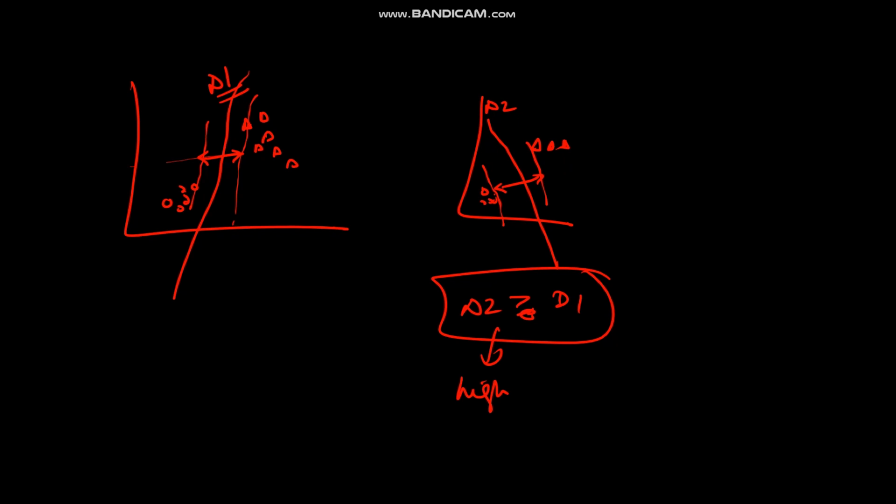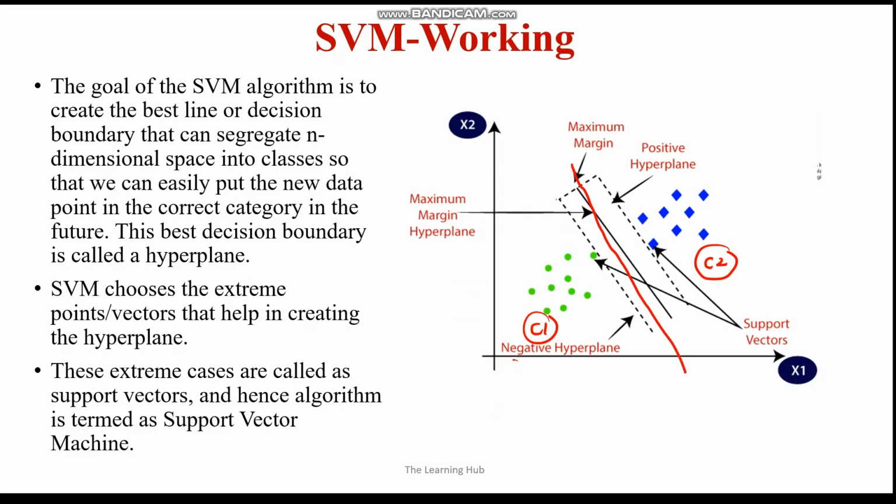This marginal distance should be as high as possible, and that is our target, to get the maximum margin. And with this margin, along one side we have this positive hyperplane, and along this we have the negative hyperplane. So as we can see over here, this is the maximum margin, this is the positive margin, and this side is the negative margin.